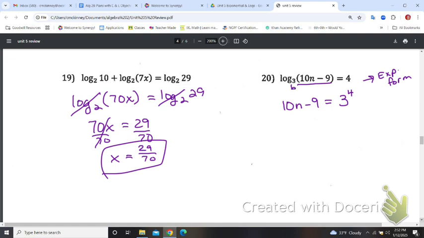This is my b, this is my y, this is my x, the way we've looked at it. So now 10n minus 9 is 81. And then I just solve that equation. So you want to go ahead and evaluate 3 to the 4th power before you try to solve the equation. And divide by 10 to get n is equal to 9.